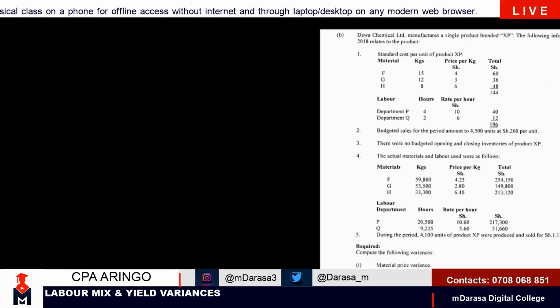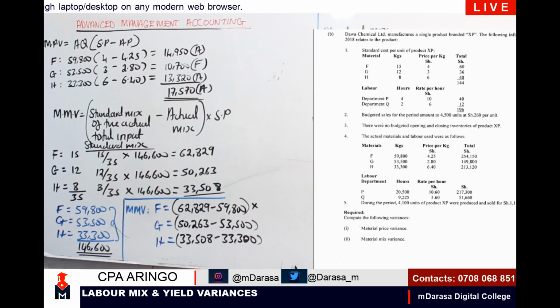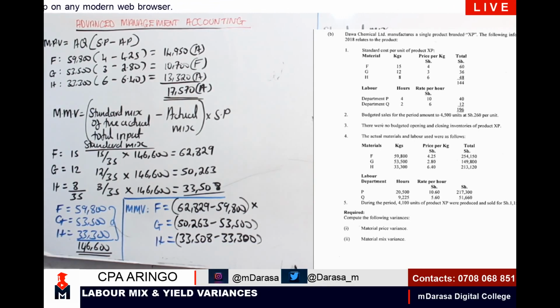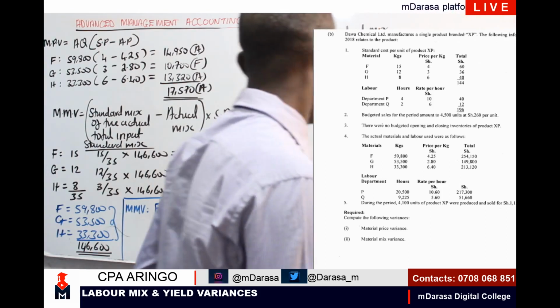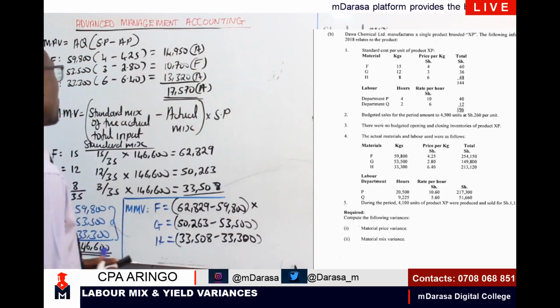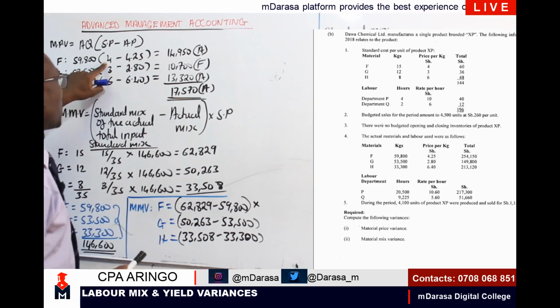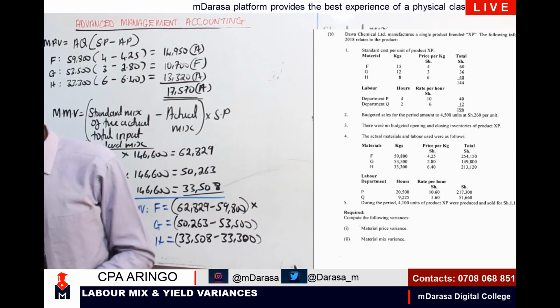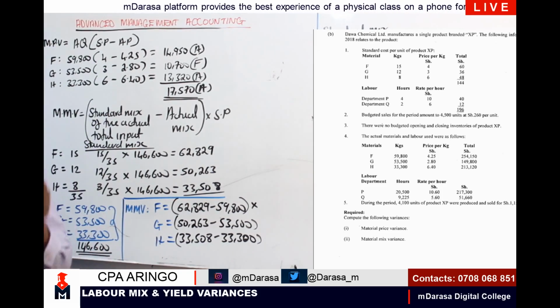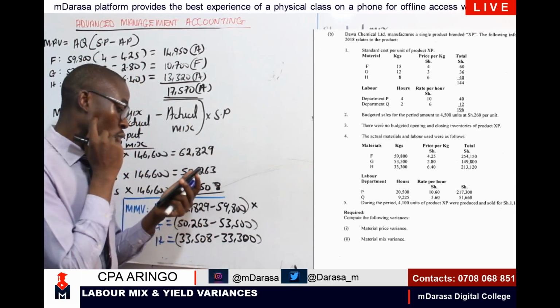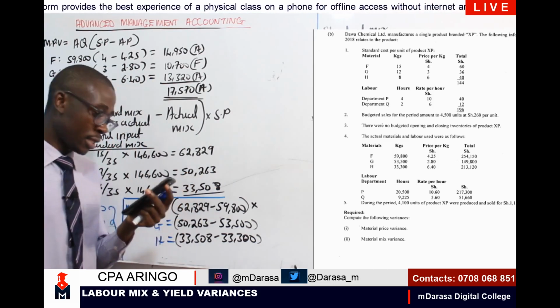So we are multiplying by our standard price, and you can just pick it from your question, in note number 1, where we were given 4, 3, and 6 as our standard prices.